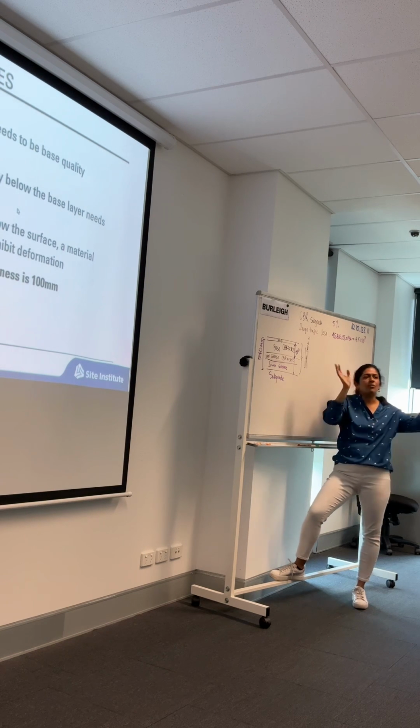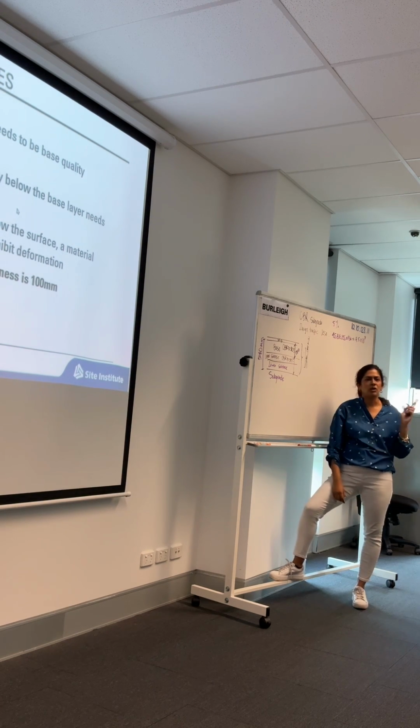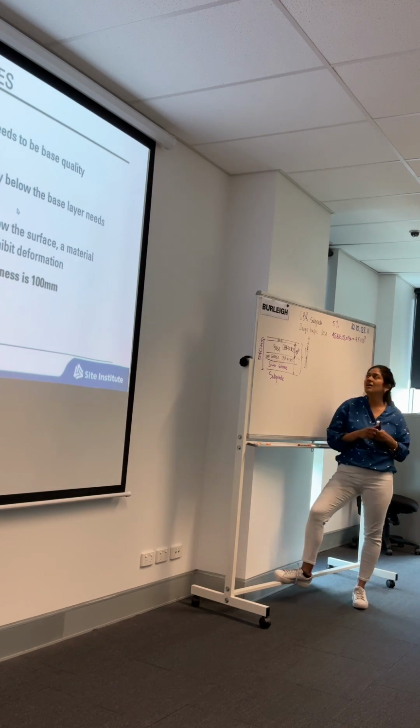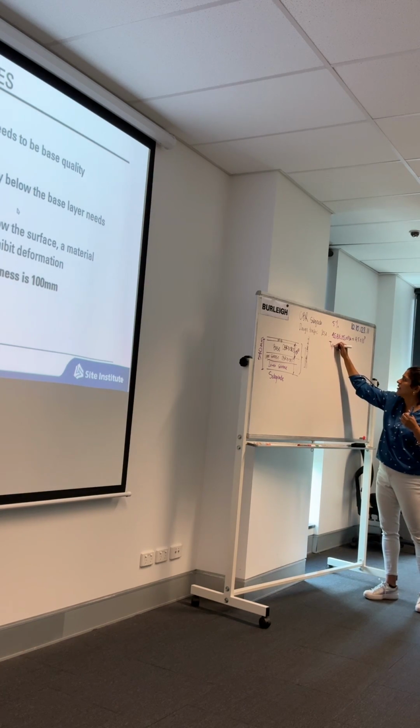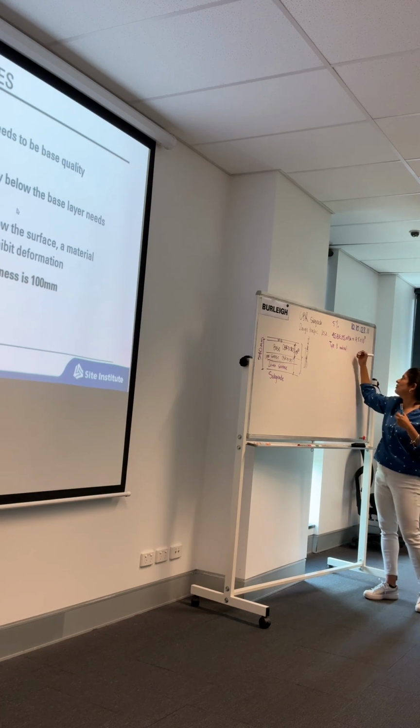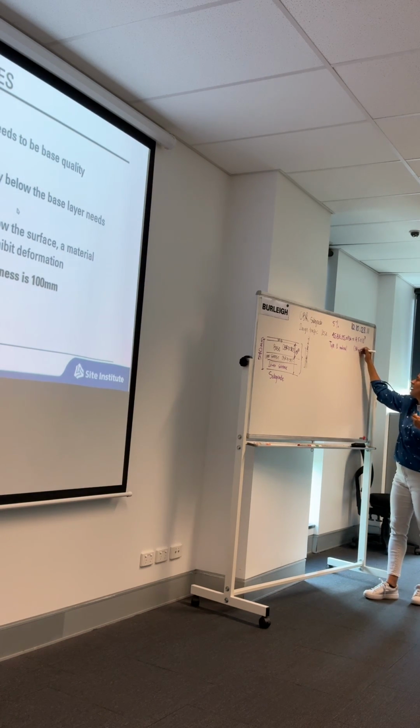So let's say that we go to the market. We go to a quarry, and we look at the quarry, and they say, okay, I have a type 1 material, and the properties are the following. CBR, 85%.